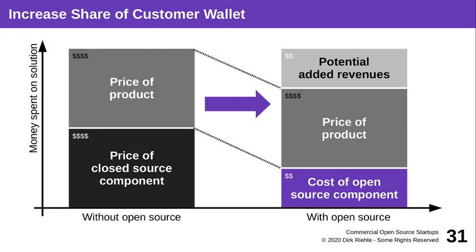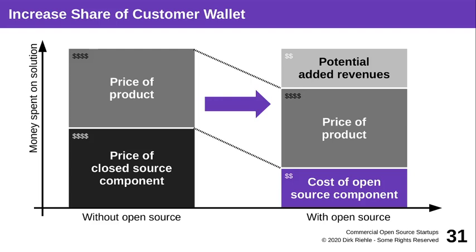Now, if the vendor behind the product on top was only able to replace the closed source component at the bottom with a cheaper alternative, for example, an open source alternative, then the power of that closed source component vendor would wane or get diminished because there's now a hopefully viable open source alternative. And then the cost would go down, and the share of the customer's wallet would go up for the vendor on top.